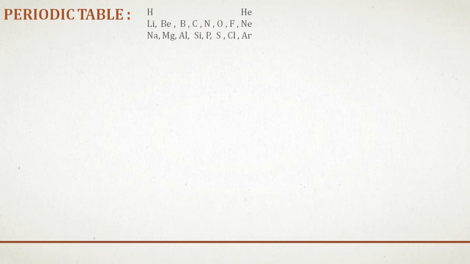So group number 1 and 2 are S block. Group number 3 to 12, I haven't told you about them. Group number 3 to 12 is not shown here. Here boron and aluminium are group number 13. So 13 to 18 are P block.